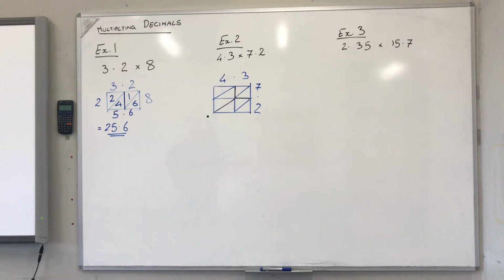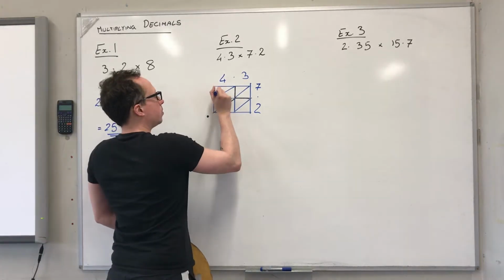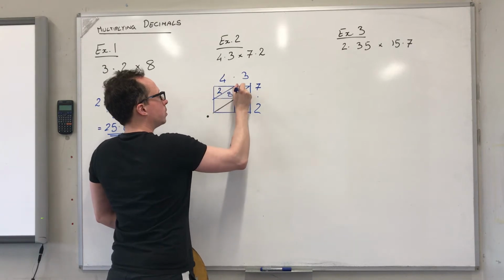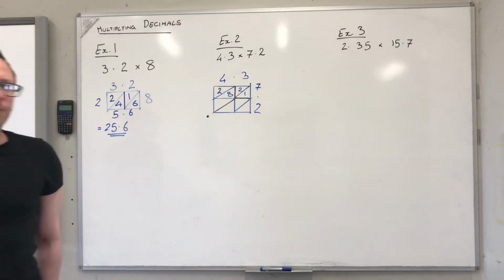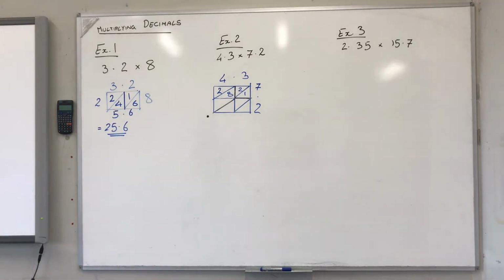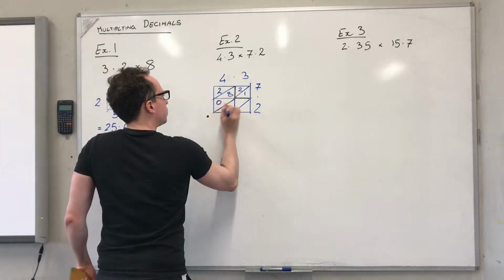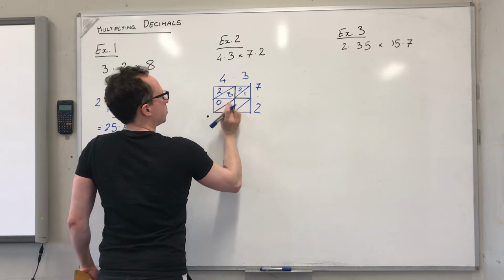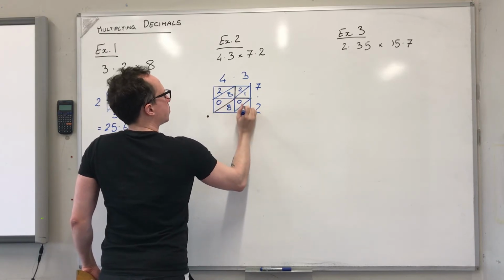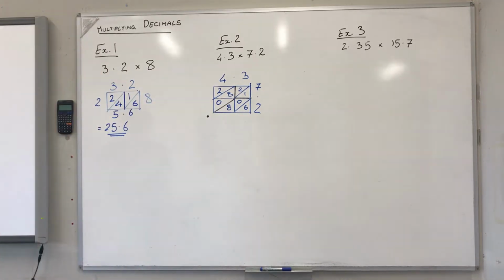So 4 times 7 and 3 times 7. And then 4 times 2 and 3 times 2. And then we add up the diagonals.